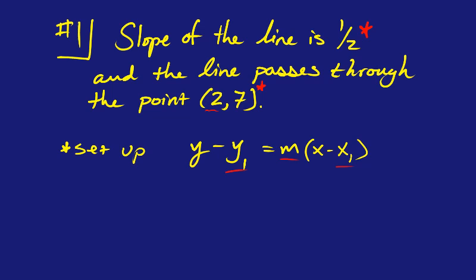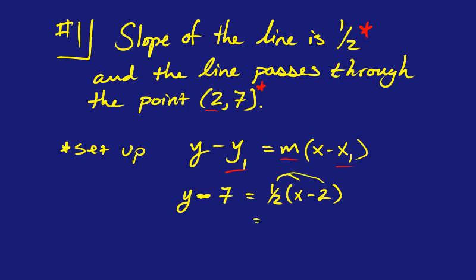So here we go. Y minus, and then y1 is 7. Oop, I put an equal sign. Y minus 7 equals, the slope is 1/2, then parentheses x minus 2. And then all we're going to do is distribute and then get y by itself. So distribute the 1/2.